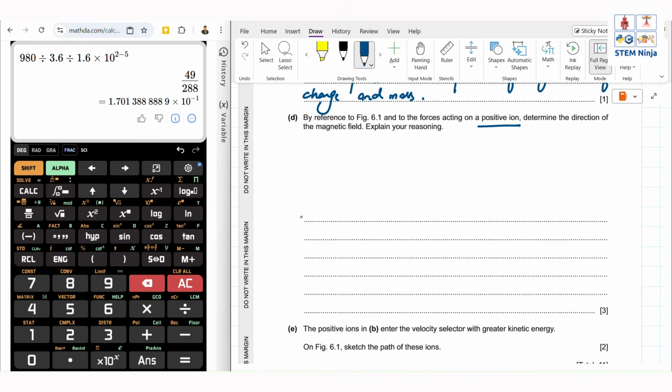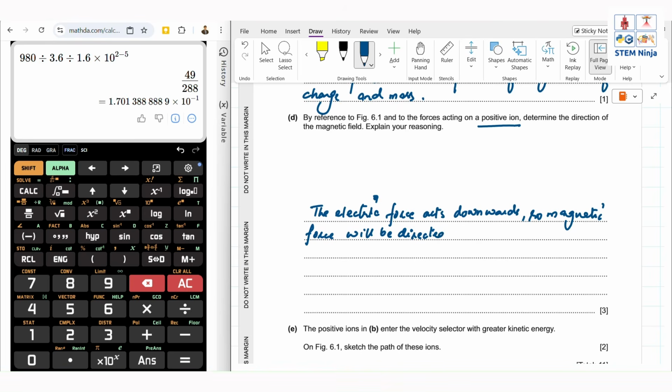So we can say that the electric force acts downwards. So magnetic force will be directed upwards to balance the forces.